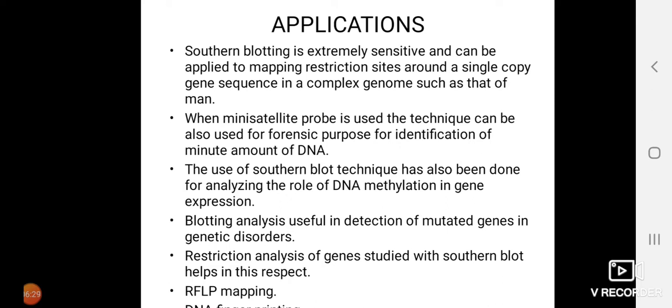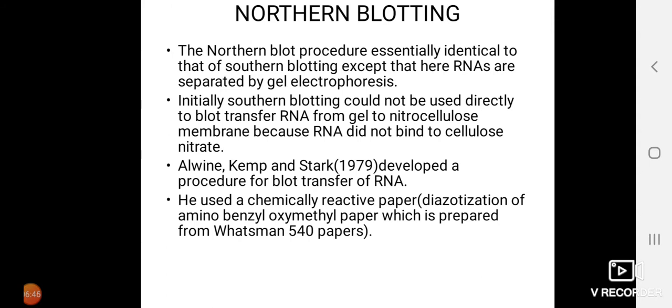Southern blot is also used for analyzing the role of DNA methylation in gene expression. Blotting analysis is useful in the detection of mutated genes, identification of genetic disorders, and even for restriction analysis, RFLP, and many more things.